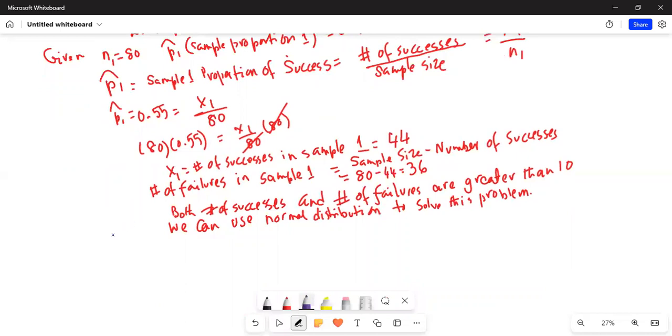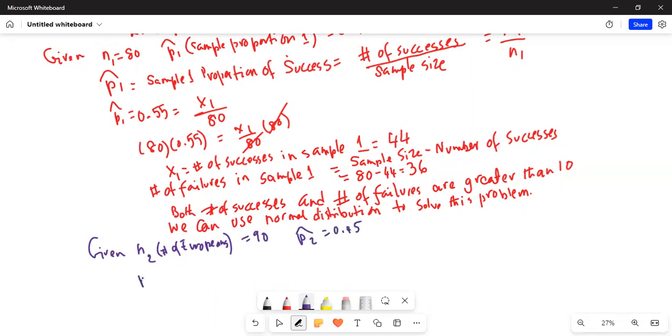So also given, N2, number of Europeans, is equal to 90 and P2 hat is equal to 0.45.